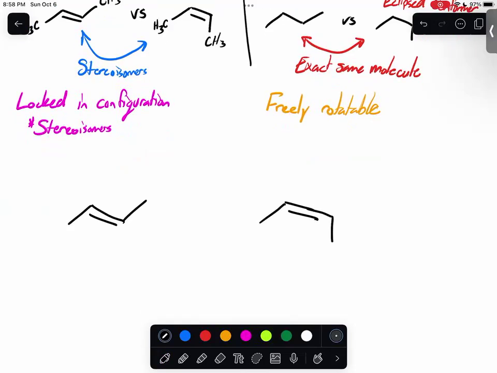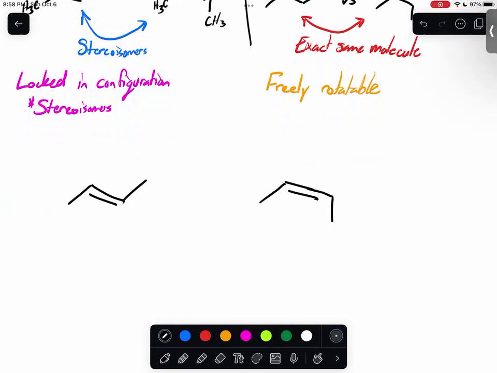Because it's not like these are R versus S. Instead, we have new labelings where the one on the left here is what we call E, and the one on the right is what we call Z.